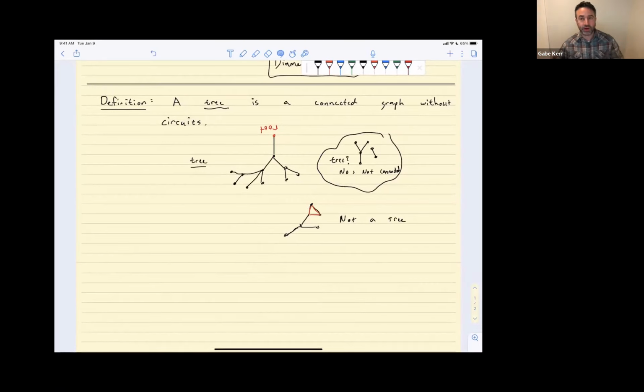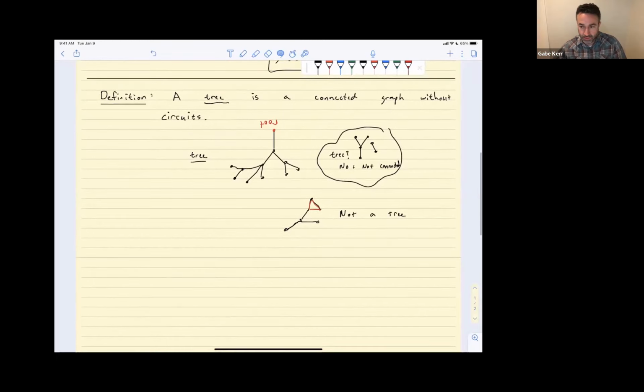So trees are very useful things, as we'll see in a moment. They're very reasonable things to consider. They occur all over the place in applications. In so many different areas, any area where you have some kind of graph theory problem, it's very common you'll see trees appearing.